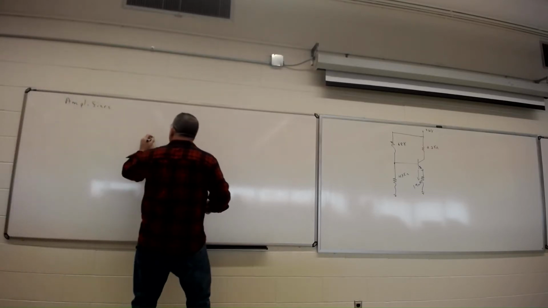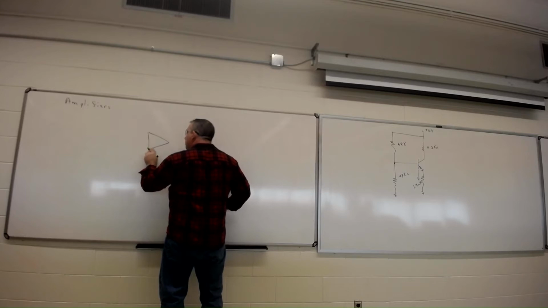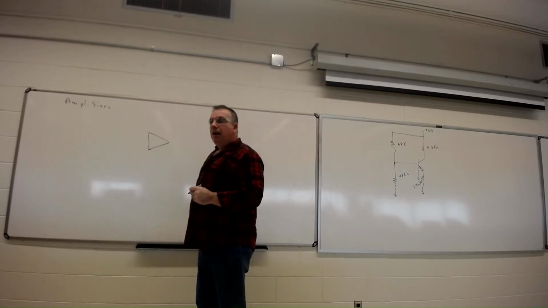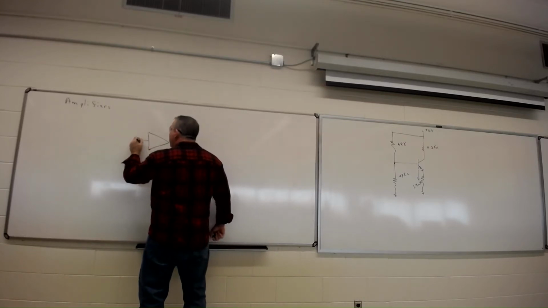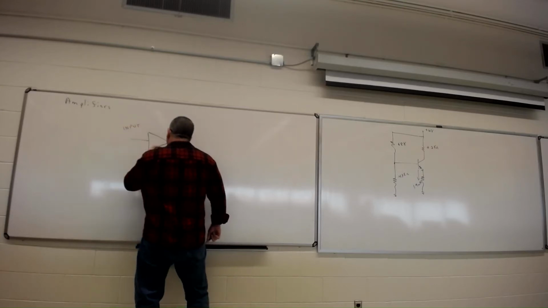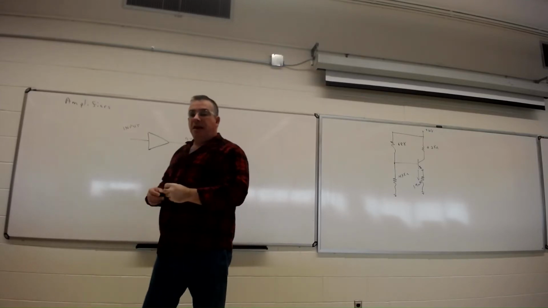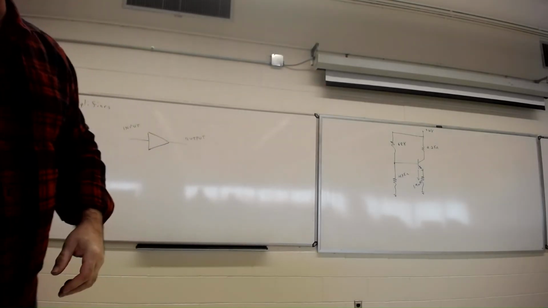A symbol for an amplifier is this triangle right here. An amplifier has an input, so we'll put this here, this is input. It has an output. And the other thing it has is some kind of power source.